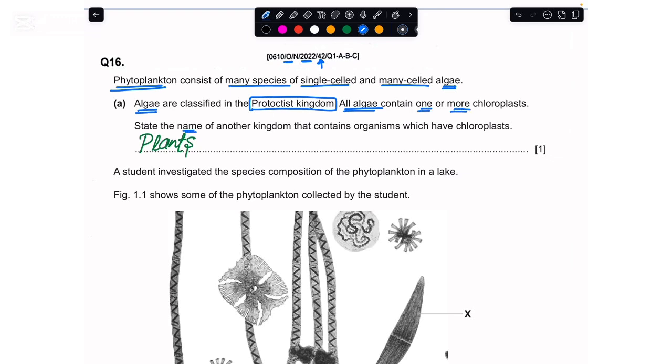We are required to name another kingdom with organisms that also have chloroplasts. We know chloroplasts are also found in the plants kingdom, and other than that there is no chloroplast anywhere except in the algae and the plants.